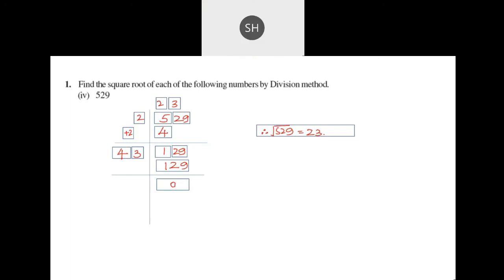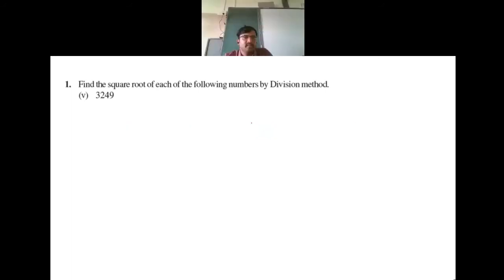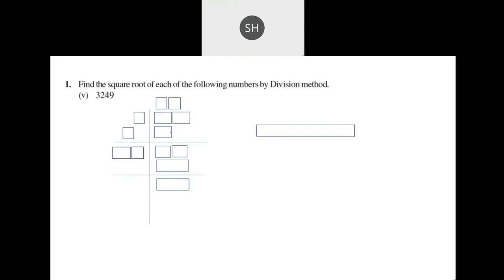Yes, sir. Now, over to Sudeep Hirambat. You tell what are the groups. Sir, first one is 25. 5 square is 25.